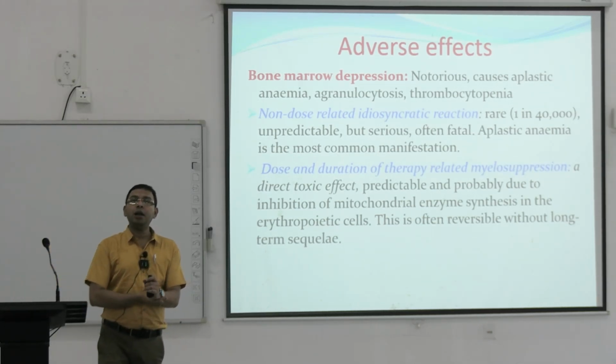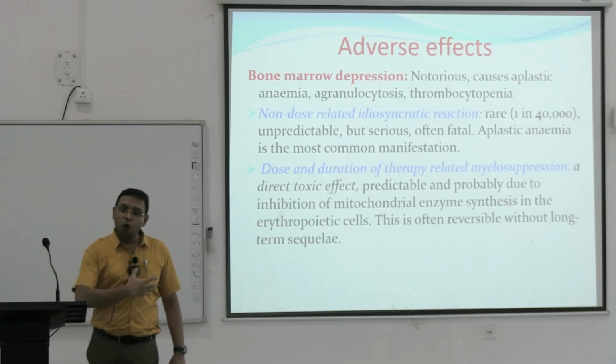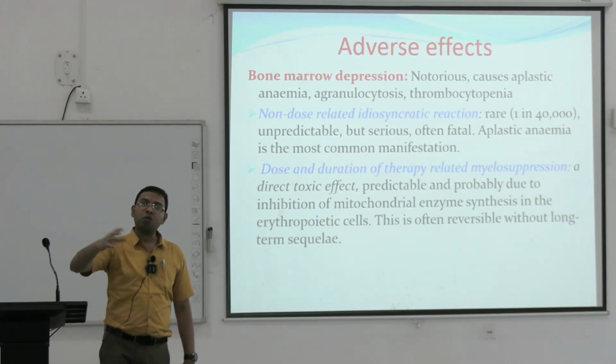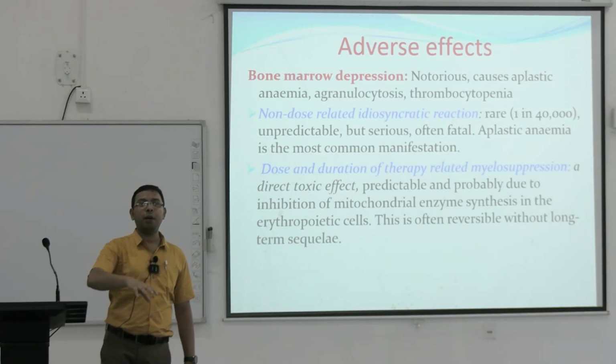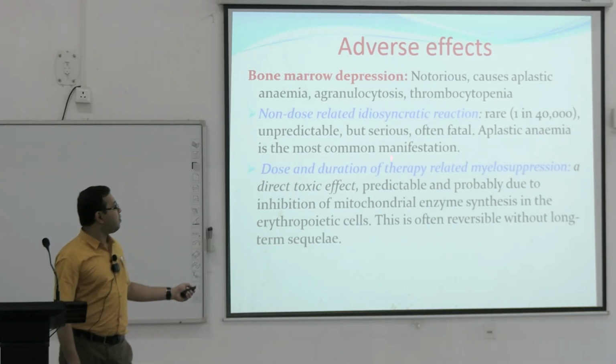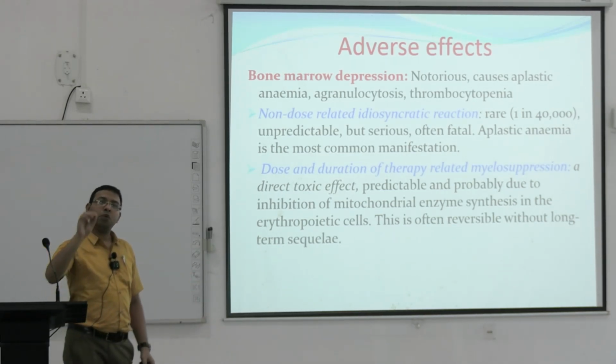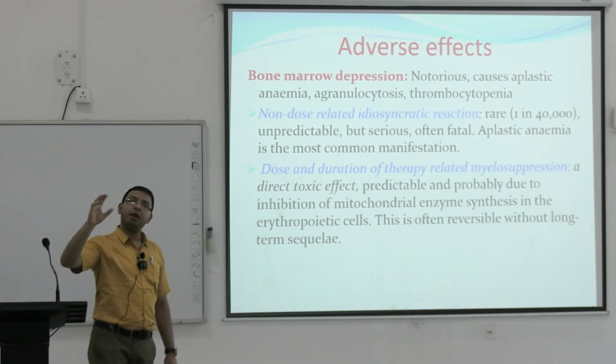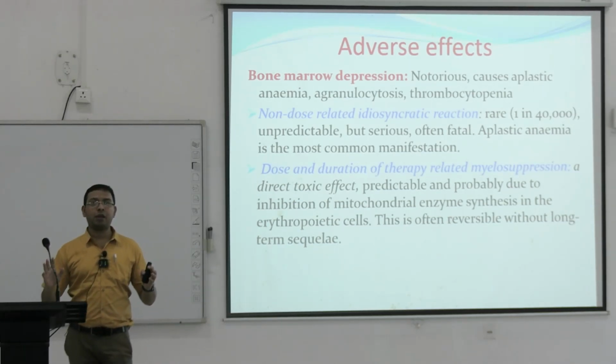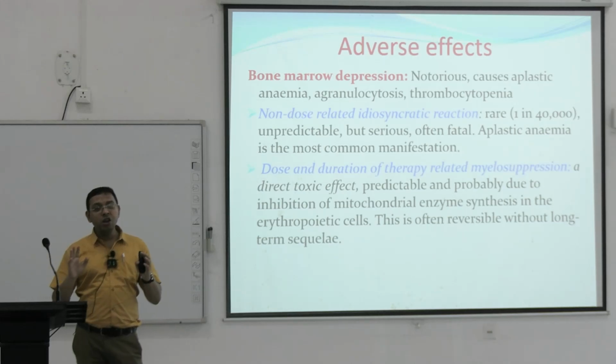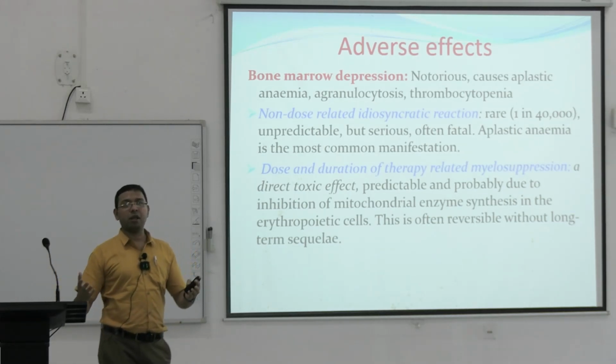That is, if we are using chloramphenicol for a long period of time, that also causes graded depression of the bone marrow. So the difference is clear now. With a small amount, there can be a very drastic aplastic anemia. That is the idiosyncratic reaction.